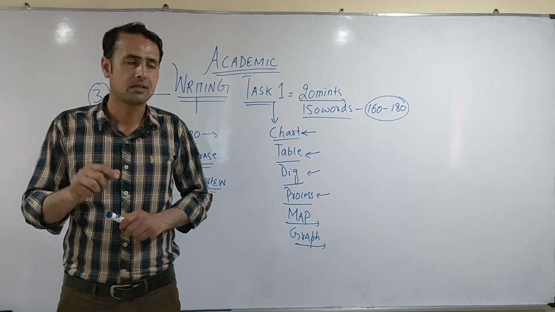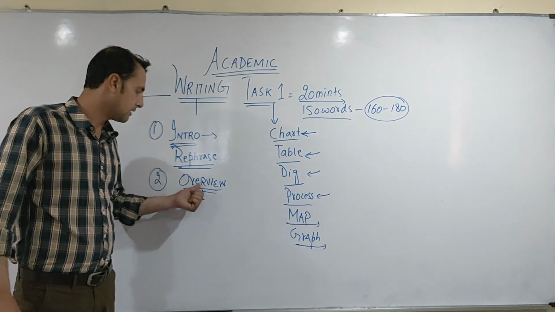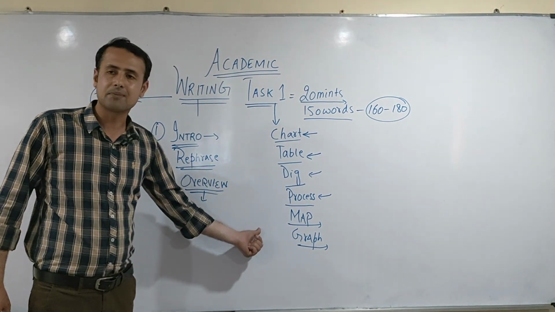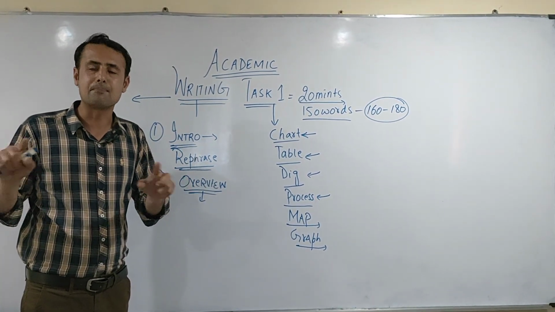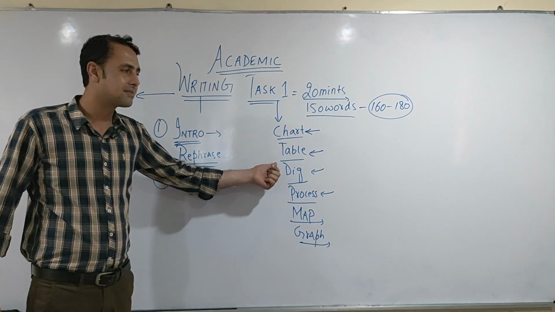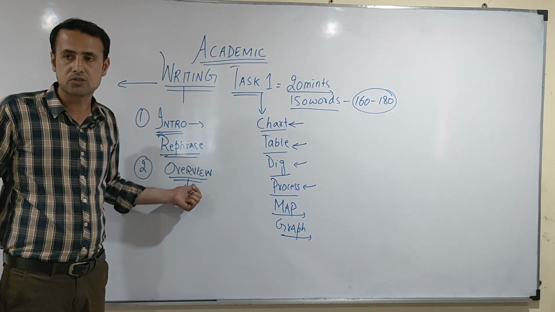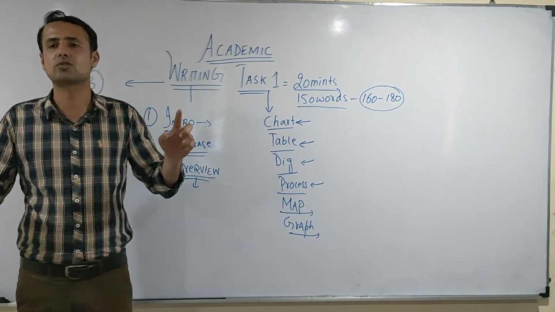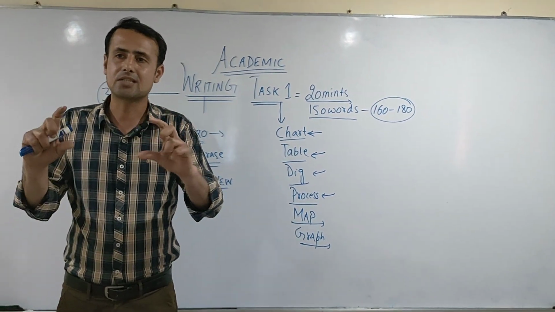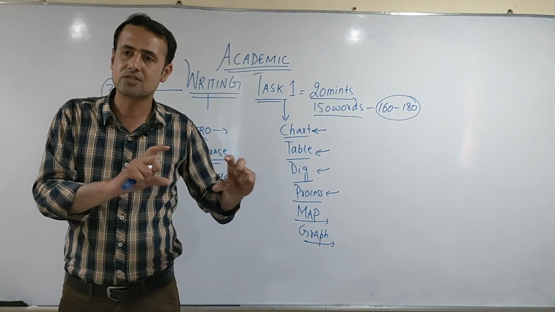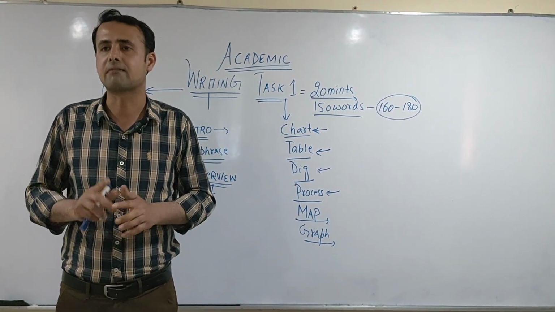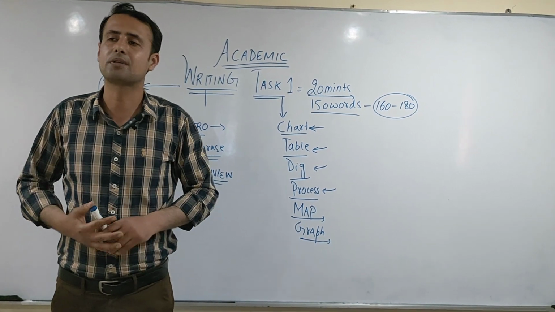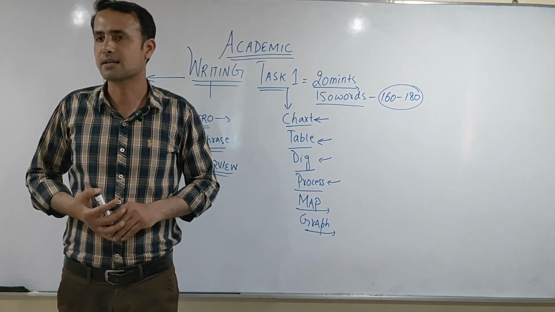Overall is better. That you need to focus on. After using overall, you are going to describe the main components, the main trends, instead of explaining things out in your overview section, because this is going to give complete summarized information to an examiner rather than a detailed explanation. That is what you need to keep in your mind once you are writing task 1.